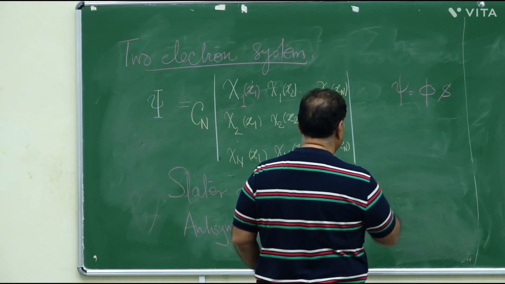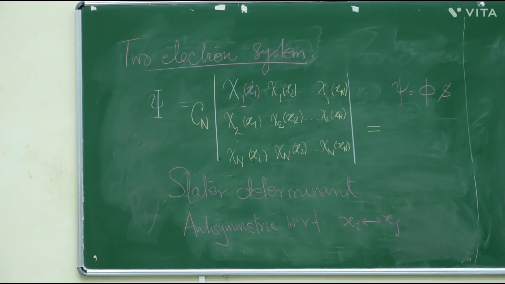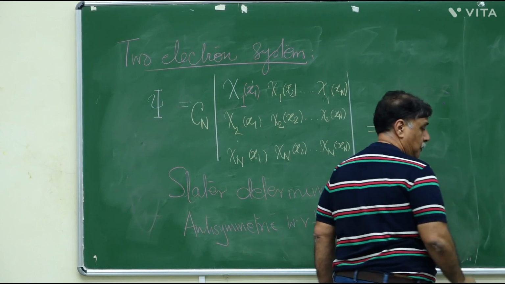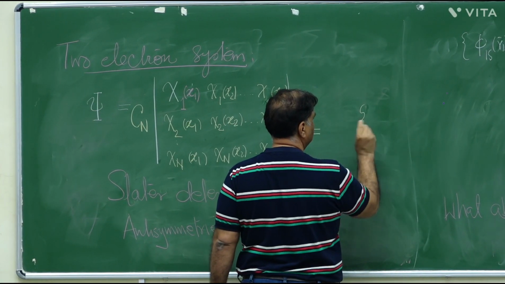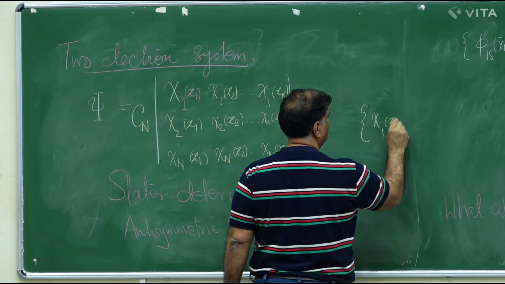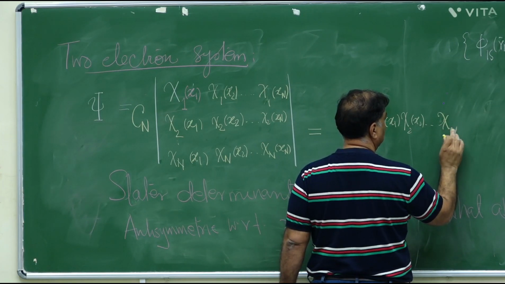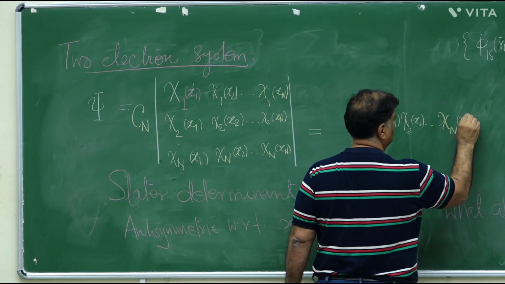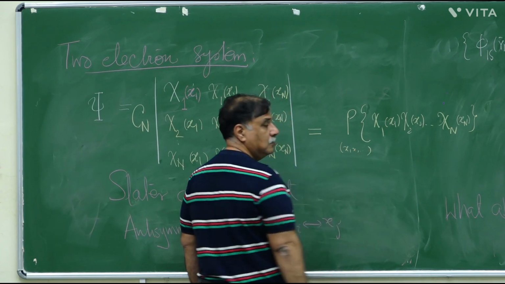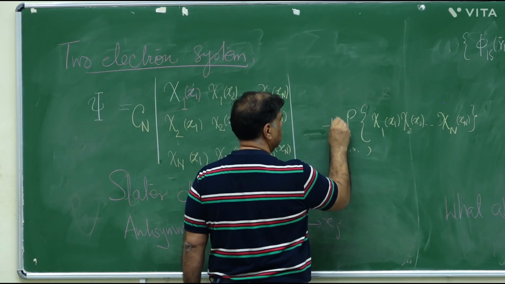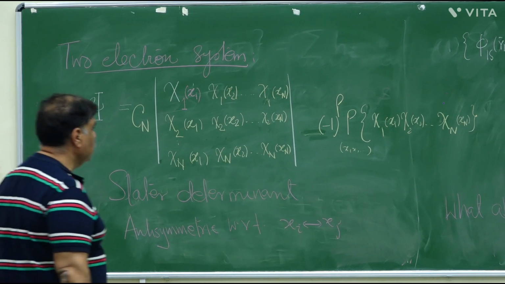So this, if you really like, is a linear combination of all the possible permutations of chi 1, x1, chi 2, x2, all the way to chi n, xn, and then I permute these x1, x2, and so on, and multiply by minus 1 raised to p, where even permutation is positive, odd permutation is negative, and sum over.